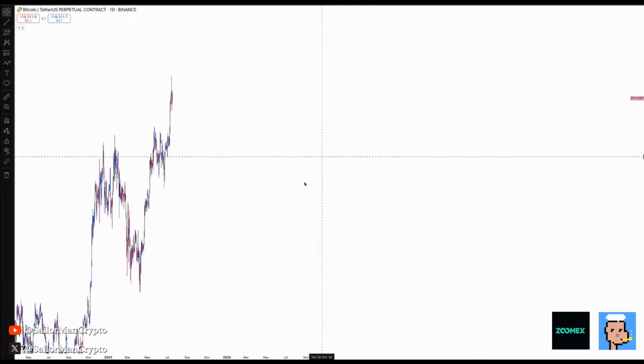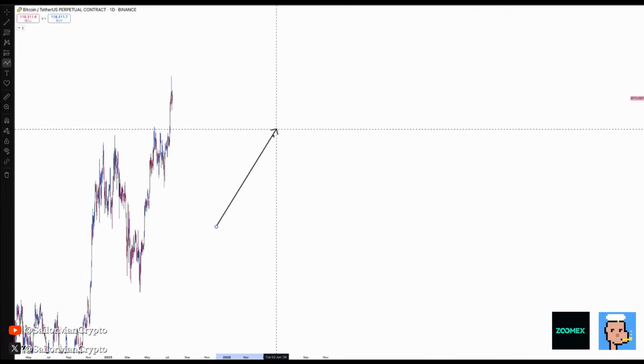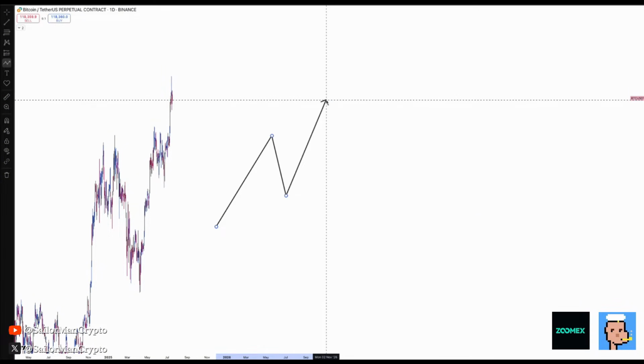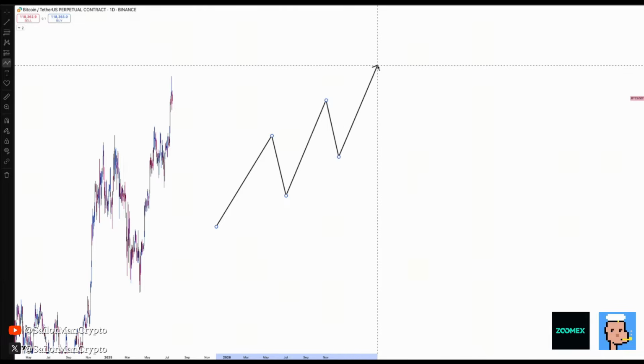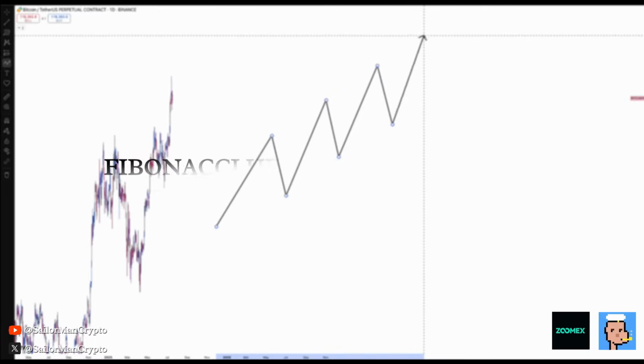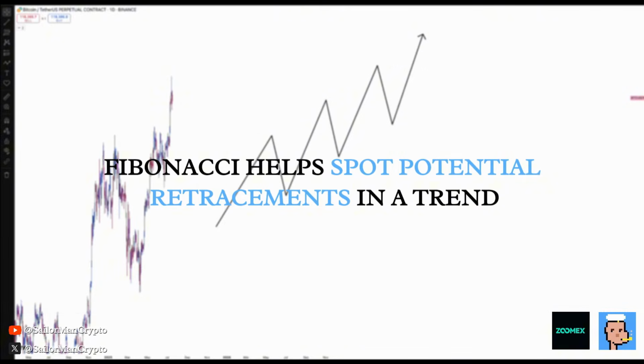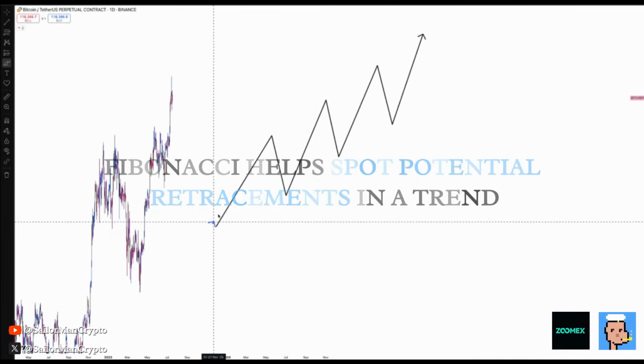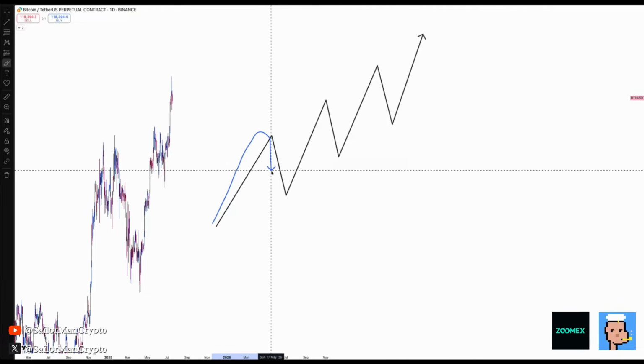So the first concept you have to understand is that it is called retracement for a reason, because it's helpful to calculate a potential retracement of an uptrend or a downtrend. So what does retracement mean? The price is moving higher. We see that this is an uptrend.